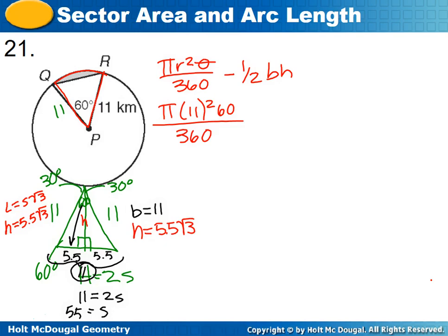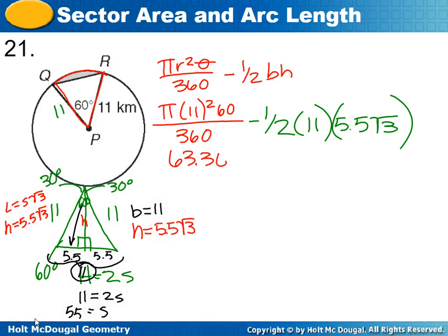All right, so now we're going to put this in here for our formula like we've been doing. So it's going to be 1/2. Our base was 11. Our height was 5.5 times the square root of 3. So now what we need to do is find each of these and do our formulas, and then we'll plug in the values for them. So when I did this, I got 63.36 here.